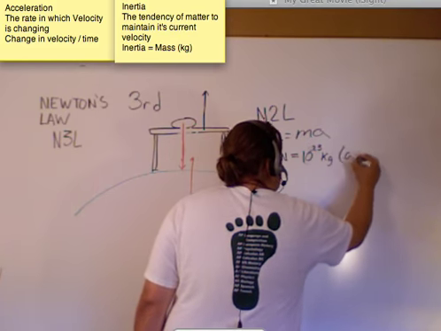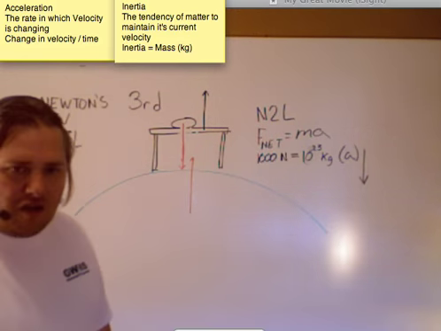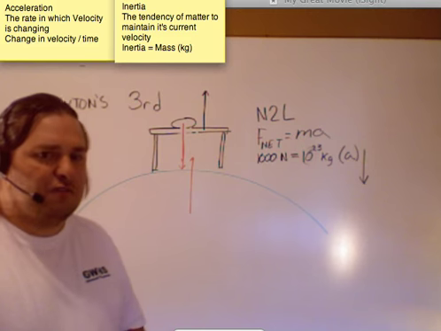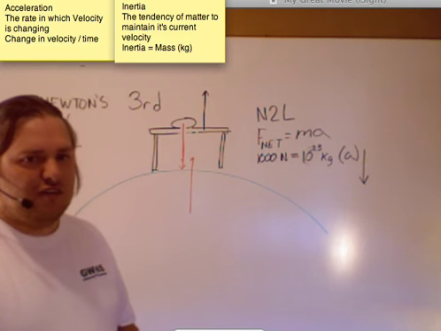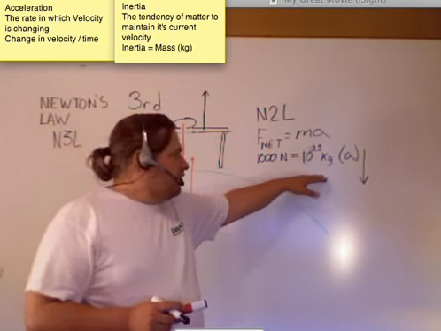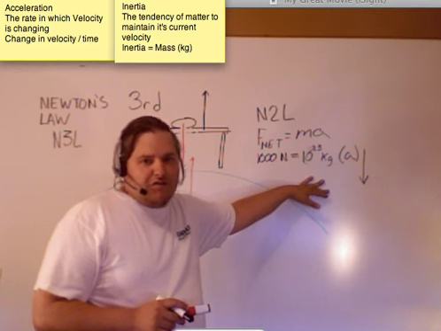Its acceleration is very, very small. It doesn't experience much in the way of acceleration. It's a tiny value. So it does accelerate, but it's so small that you would never notice it.